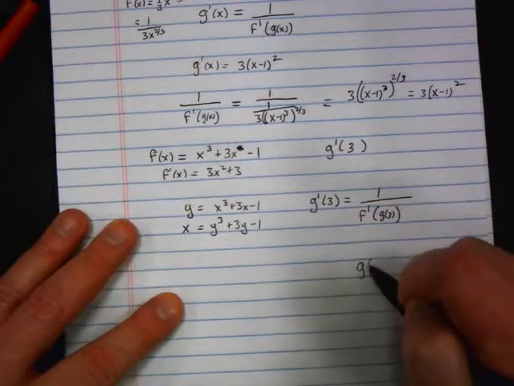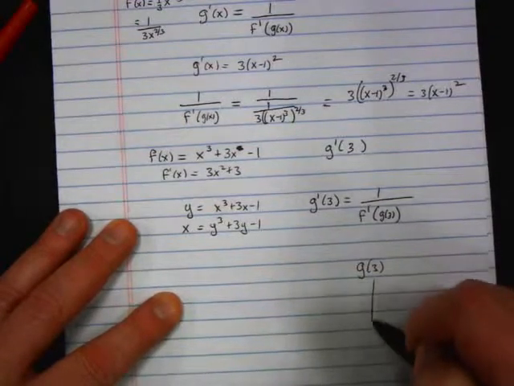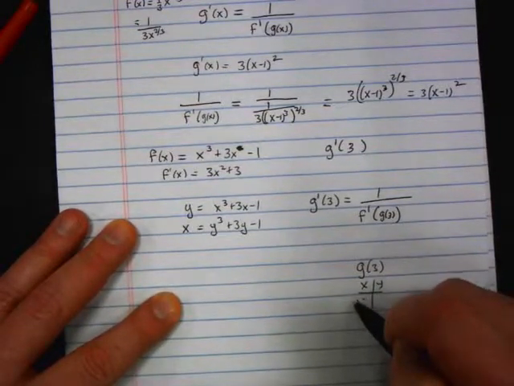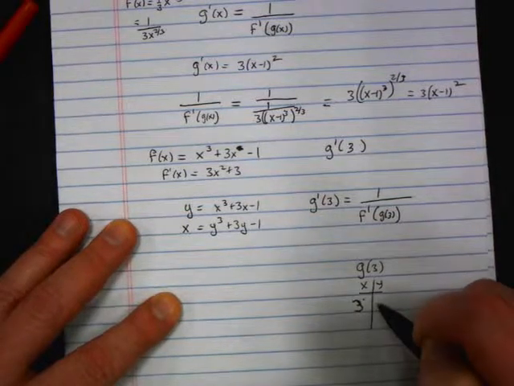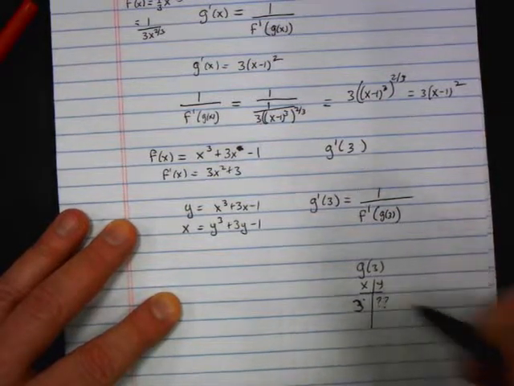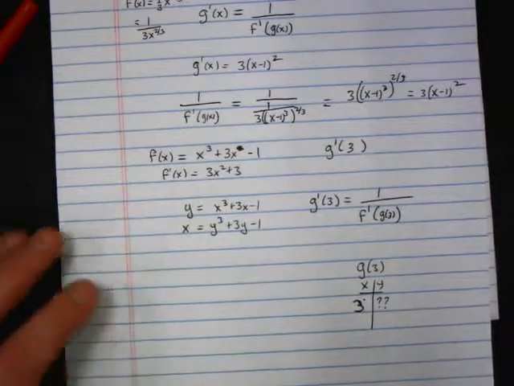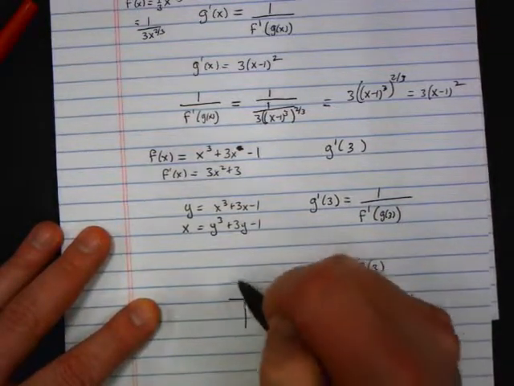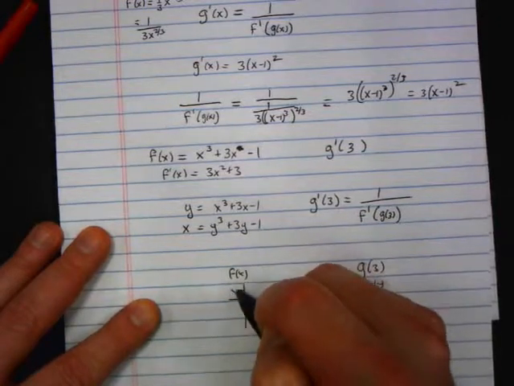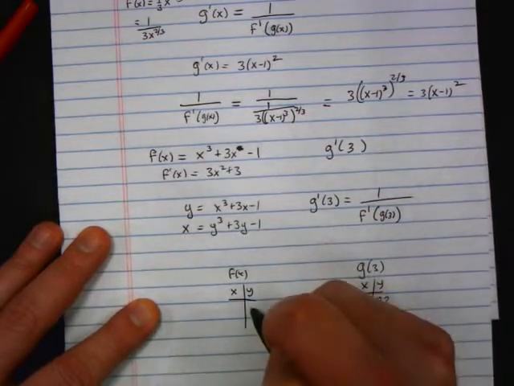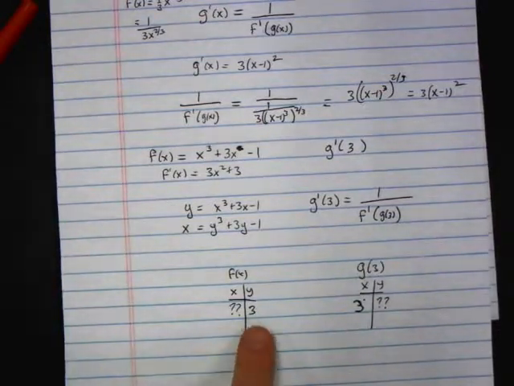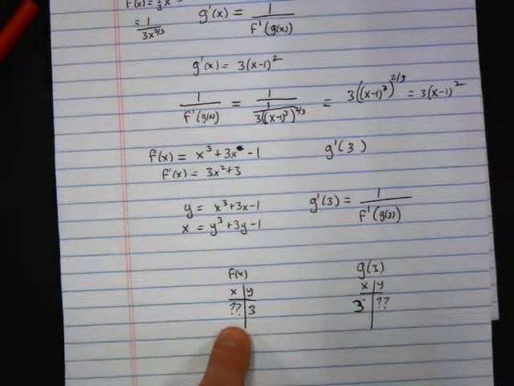So g of 3, this means I'm giving you the x value for g to be 3, and we need to know the y value. Remember f of x switches things, so that means I'm giving you the y value for f of x is the number 3, and you need to tell me the x value.